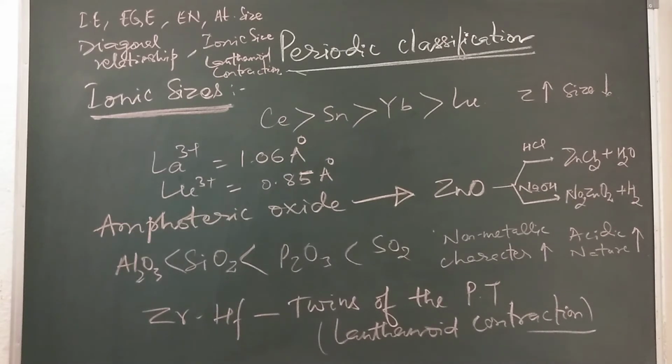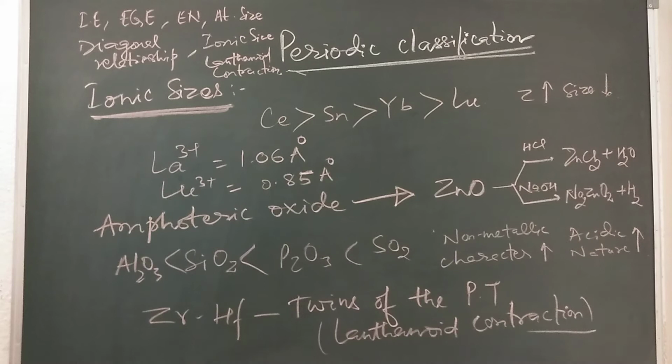So cerium is larger than terbium, terbium is larger than ytterbium, ytterbium is larger than lutetium. In one question of IIT, the size of lanthanum 3+ was given, that is 1.06 angstrom, and they were asking to figure out lutetium 3+. From lanthanum to lutetium the size decreases due to poor shielding. So lutetium 3+ will be smaller than lanthanum, and the answer will be 0.35 angstrom.